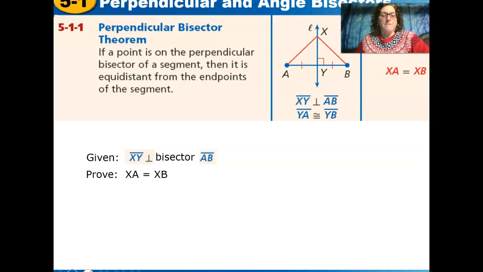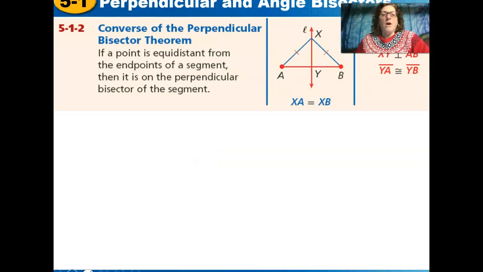and then that means that the segments are equal to one another. The converse of the perpendicular bisector theorem states that if a point is equidistant from the endpoints of a segment, then it is on the perpendicular bisector of the segment. So in this given problem, we have point X, which is part of line XY in this case.